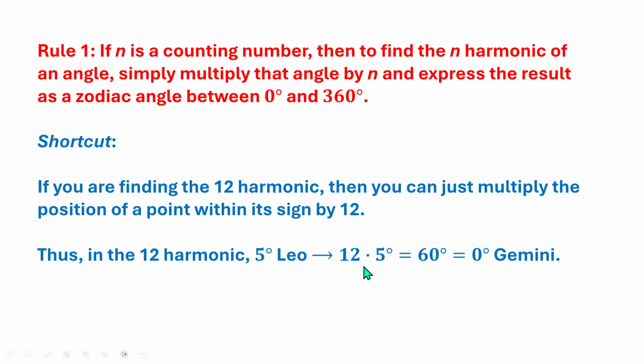If I did 12 times 125 degrees and reduced that, I would get the same result. It just takes a little more effort. So this can be a very useful shortcut. And then if you want to get the 12 squared harmonic, whatever you get here, you can multiply by 12 again.